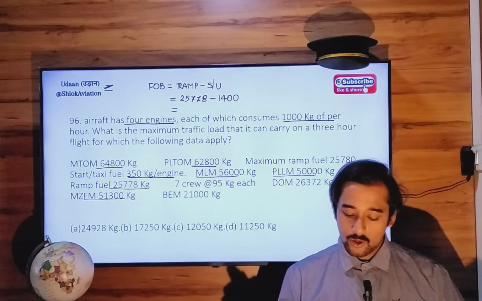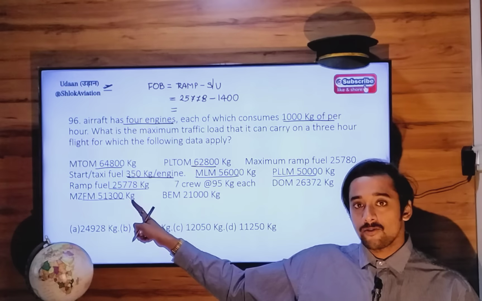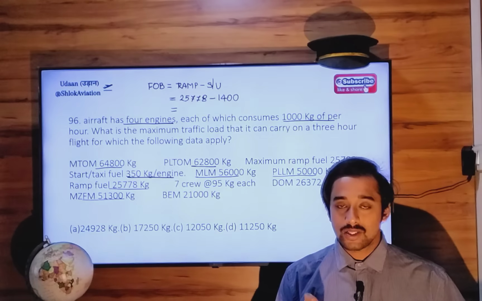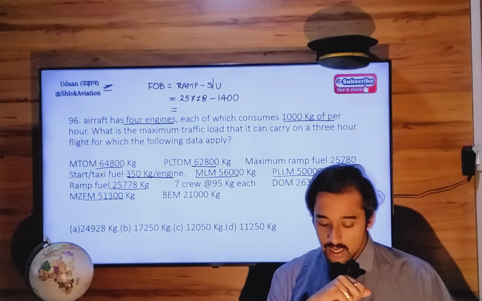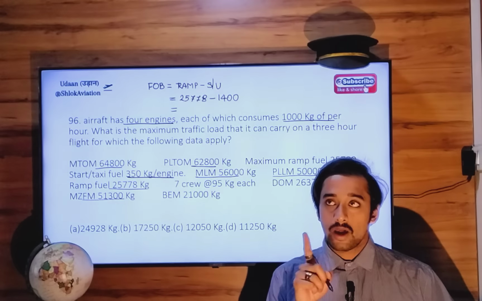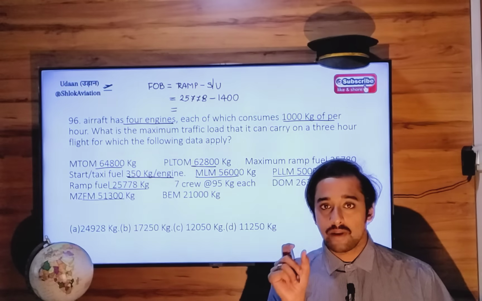Before I proceed, I want to make one point clear. There are two types of ramp fuel given, ramp fuel only and maximum ramp fuel. The maximum ramp fuel here denotes or tells us the maximum capacity to which you can fill the fuel tanks when your aircraft is on the ramp. Okay, it's just the limit.